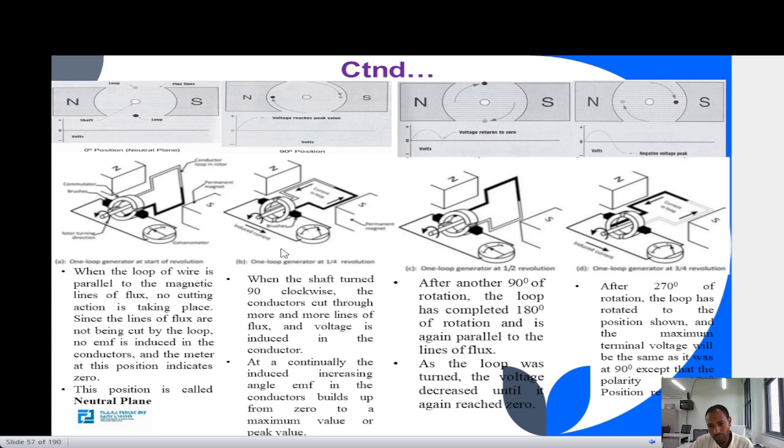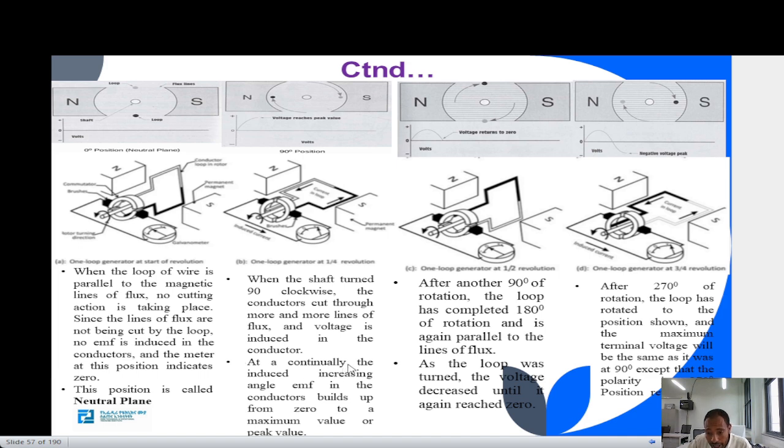So when the shaft turns 90 degrees clockwise, the conductor cuts through more and more lines of flux, because the whole part of our loop or conductor will get cut by the magnetic flux. That is the maximum possible, where our loop can produce maximum induced voltage. So the voltage induced in the conductor is going to be maximum.